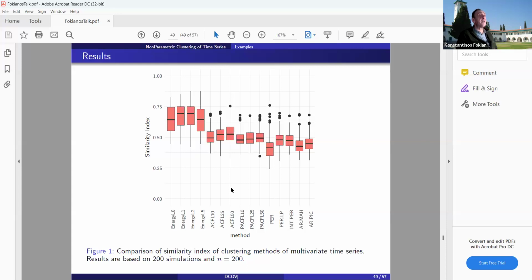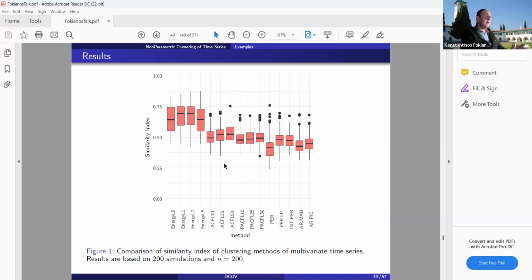So here's the comparison of the similarity index based on 200 simulations. The first 4 box plots are our method, and the others correspond to the results we obtained by applying the other methods. As you see, for different lags we are doing very well, even just by clustering the marginals.